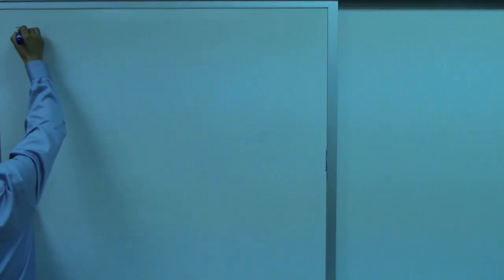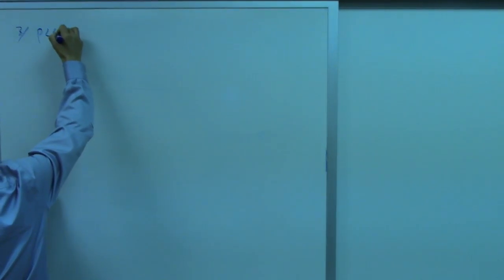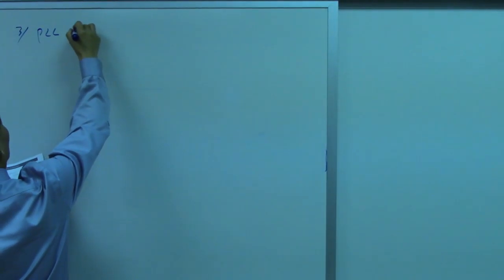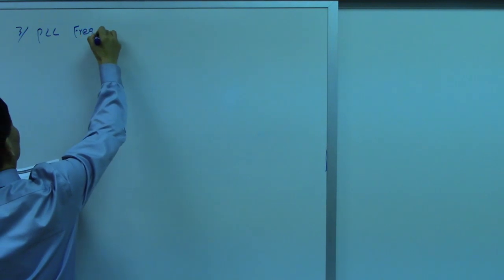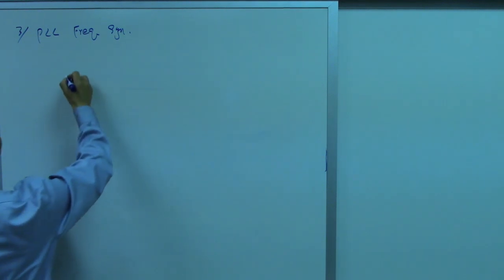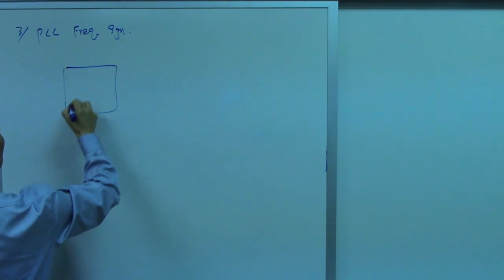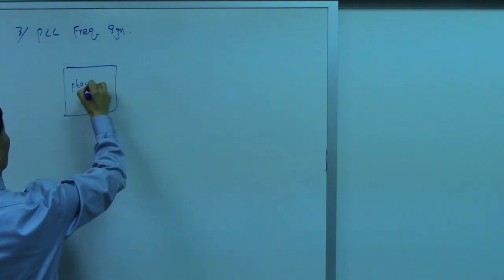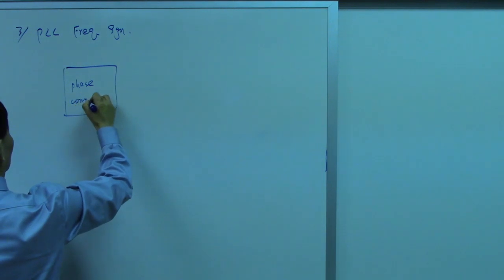Alright, the next one we discuss is the phase lock loop frequency synthesizer. First one we draw the PLL. PLL is this here. That is a phase comparator.